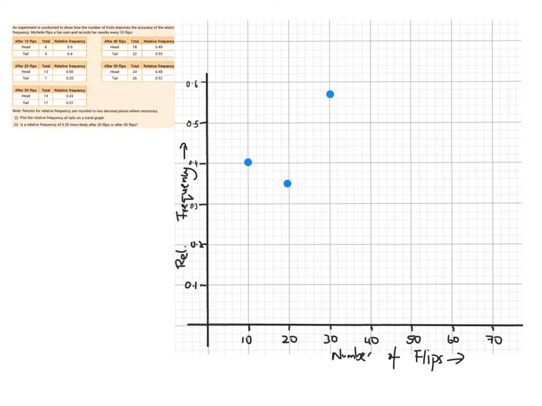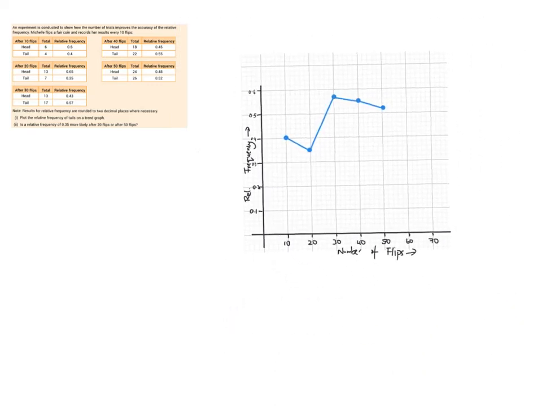After 40 flips, it's 0.55, so just below that. And then after 50 flips, 0.52, just right there. Okay, and so it's a trend graph that we're asked to do, so we just need to join these with straight lines. Okay, so that's our trend graph.